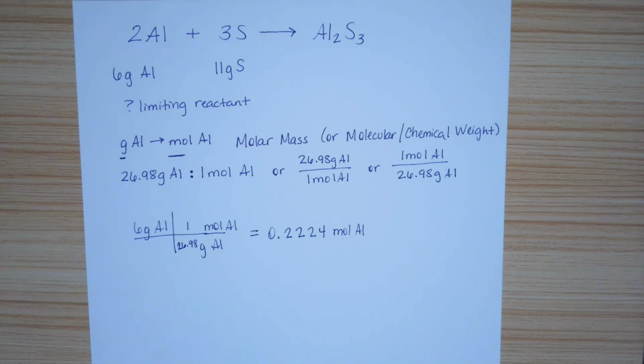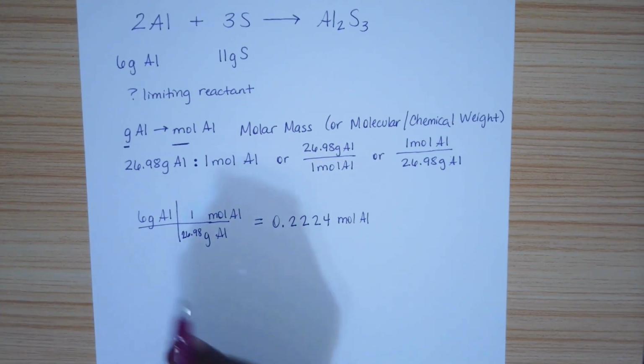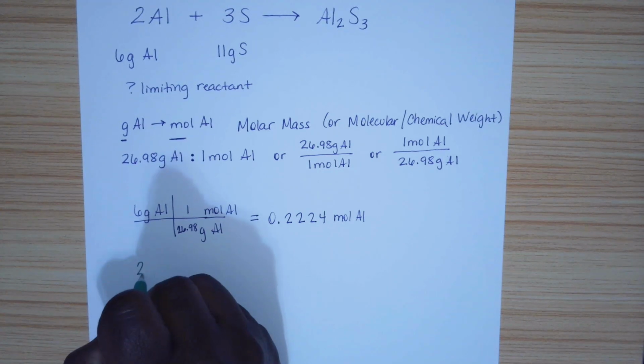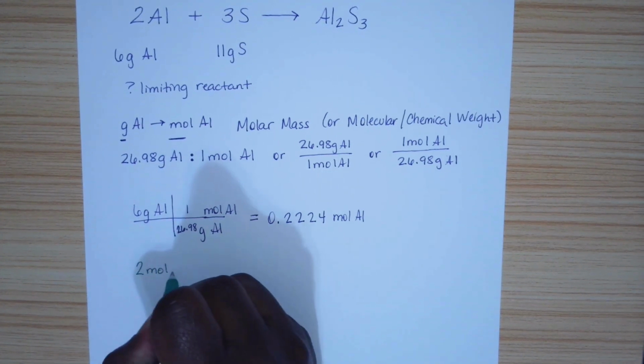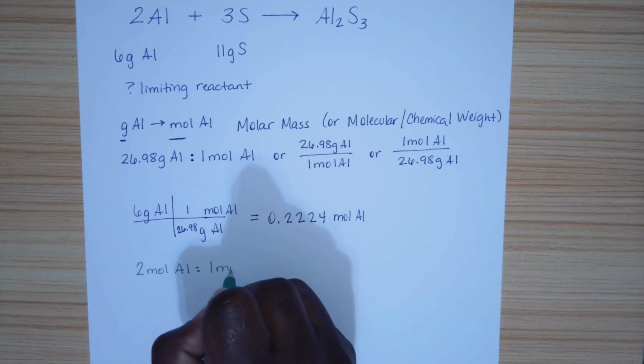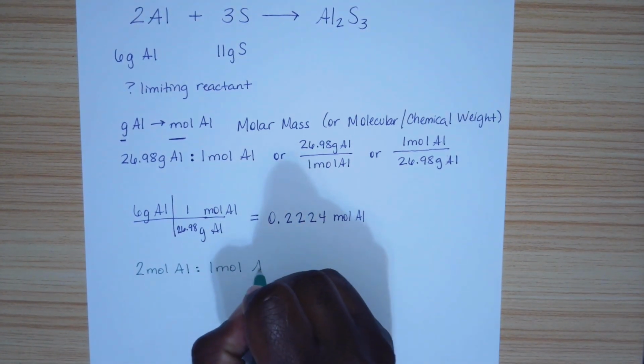Now that we know the amount of aluminum, we can figure out the amount of the aluminum sulfide, so the product. The balanced chemical equation tells us that for every 2 moles of aluminum, we'll form 1 mole of the product.